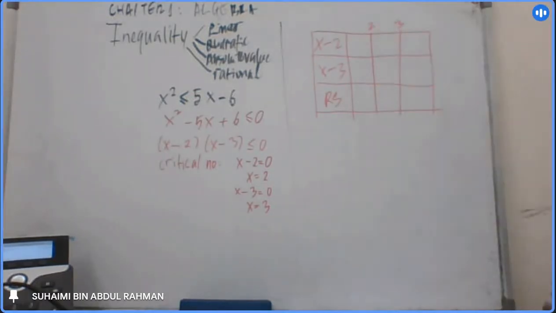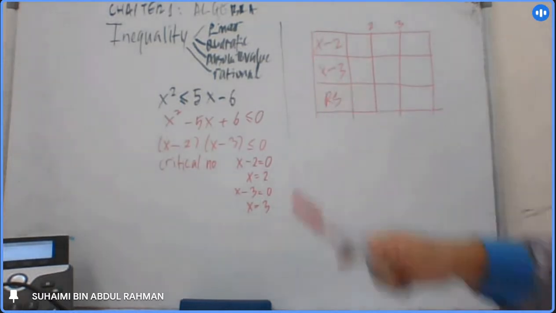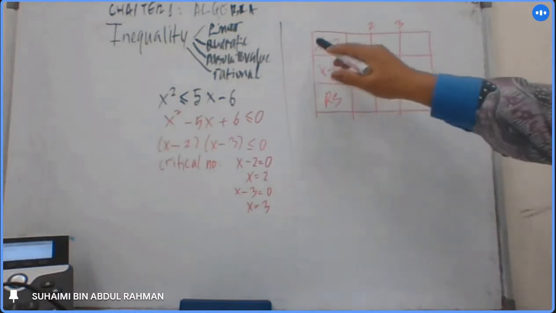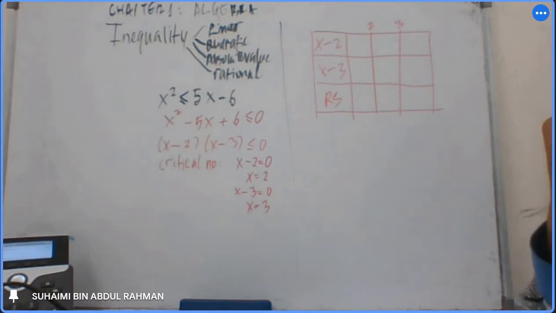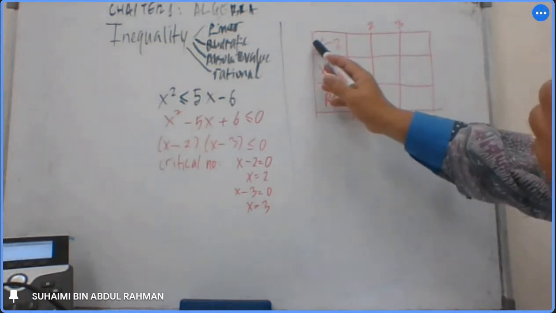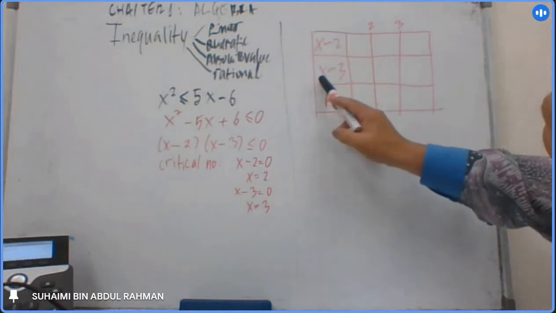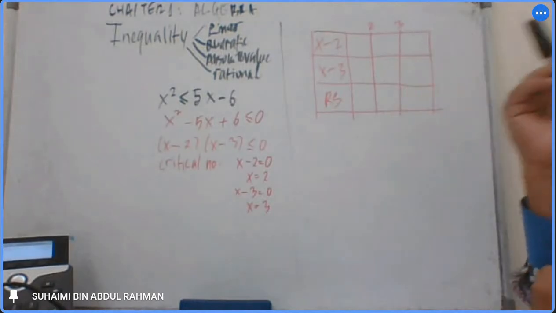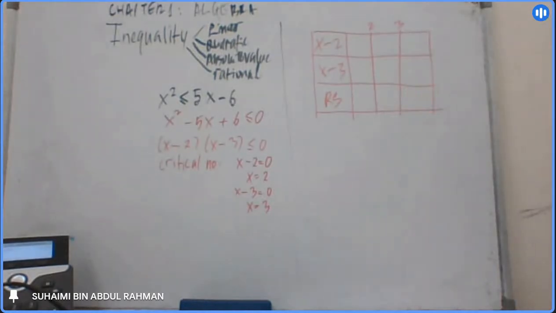So we select one number which is less than 2 and substitute it in the place of x. So what are we going to have?